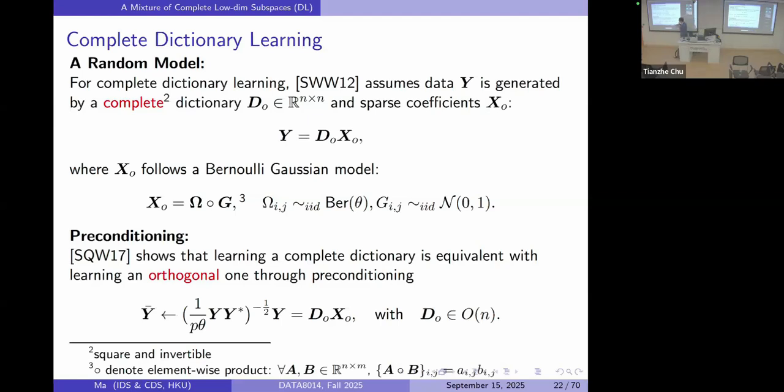Hence, by assuming your data is generated from an orthogonal complete matrix, you don't lose generality. If your D is not orthogonal, you can first preprocess the data, turning it into an orthogonal matrix times a coefficient matrix. So sometimes a little bit of math is useful: it reduces something that looks more general to something more special, and yet you don't lose generality.